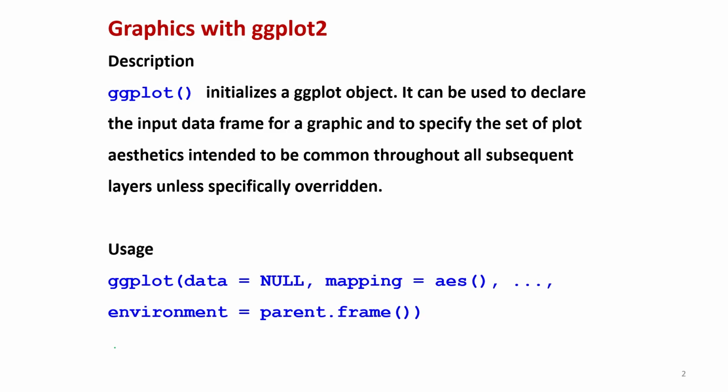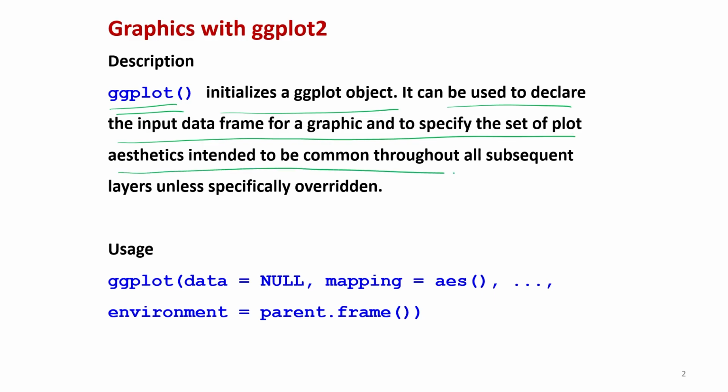So you can recall that we had discussed in the last lecture that in this ggplot2 package, we have a function ggplot which initializes a ggplot object. And this can be used to declare the input data in the format of a data frame and to specify the set of plot aesthetics intended to be common throughout all subsequent layers unless specifically overridden.